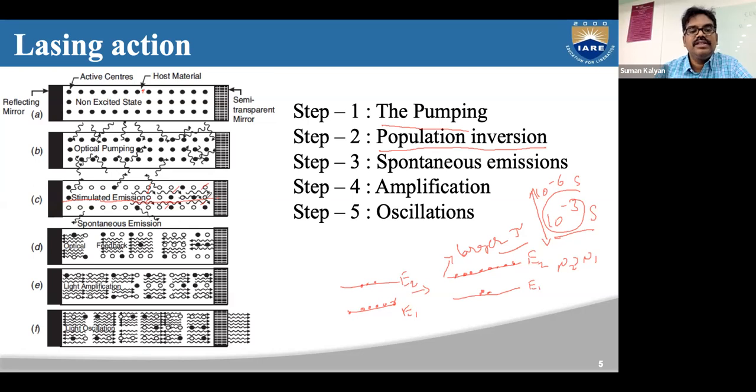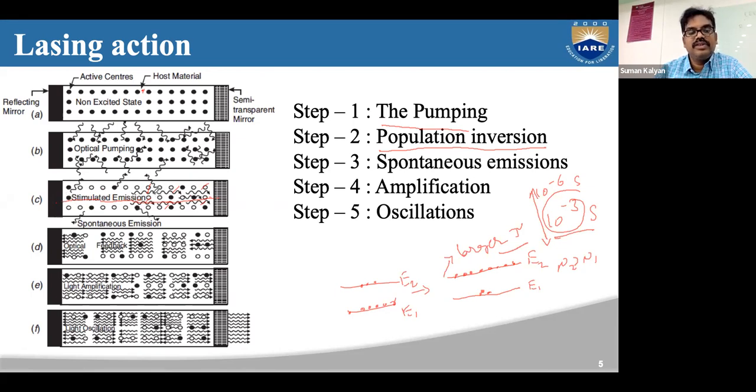Once they reach the semi-transparent mirror, they reflect back. When they travel back to the 100% reflecting mirror, they again stimulate the atoms which are in the higher energy states.